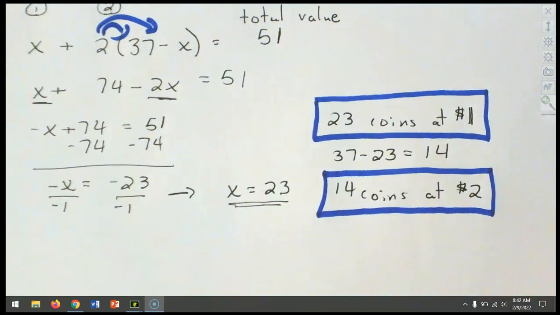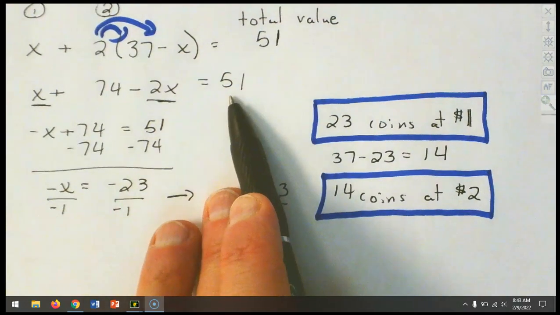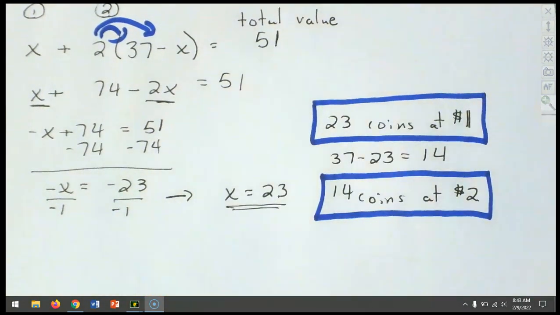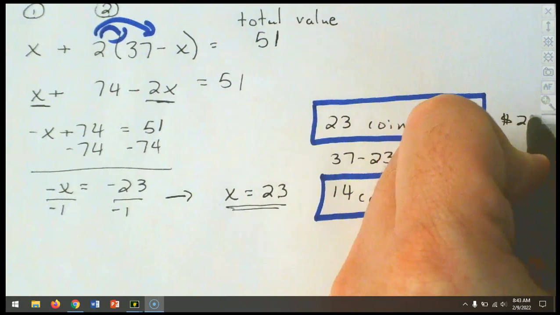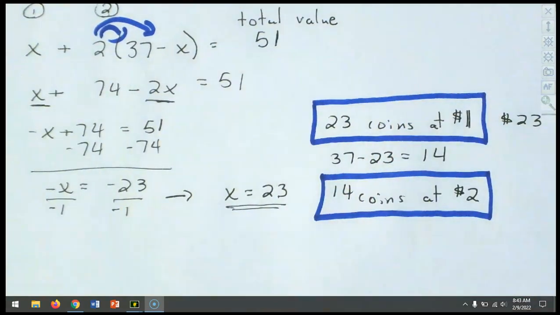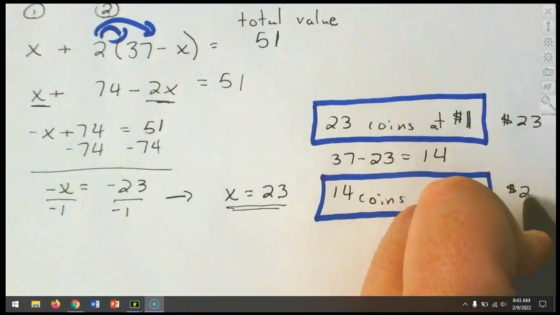We can easily check and make sure that our answer seems applicable. Why? Well, how much should these coins be worth total? They should be worth total $51. Now, 23 coins at $1 a piece, those are going to be worth $23. 14 coins at $2 a piece, they should be worth $28.